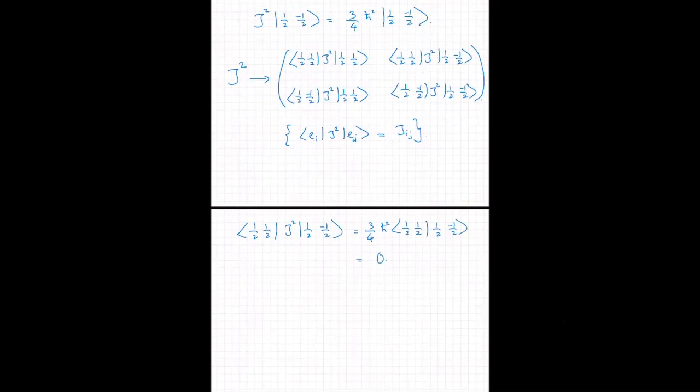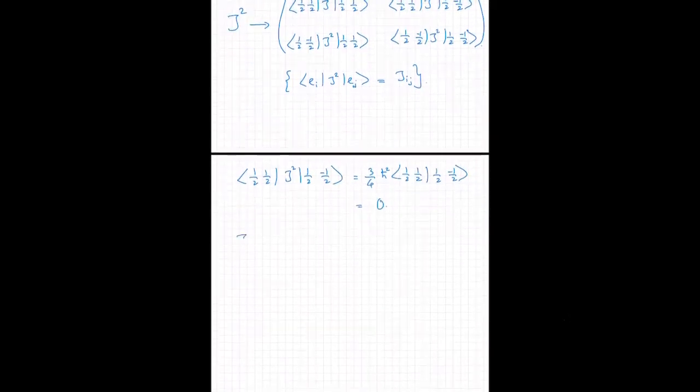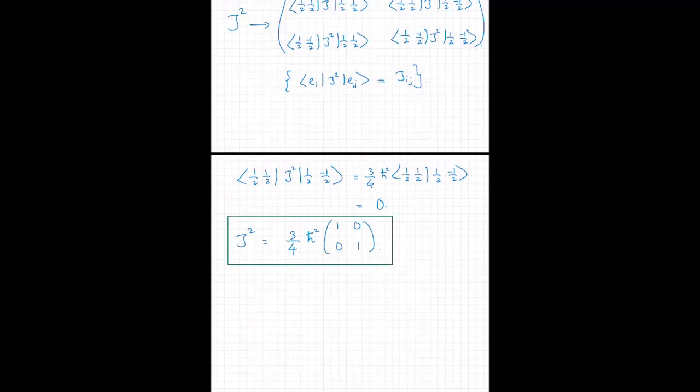So the off diagonal elements are going to be 0. In this basis, the matrix for J square will be 3/4 h bar square times 1 0 0 1. I'll put a box there because this is our first result for the spin half case. At any point, if you have any questions, please do unmute and ask.